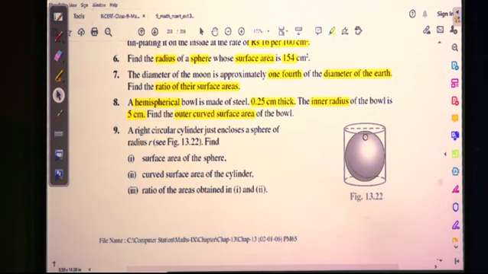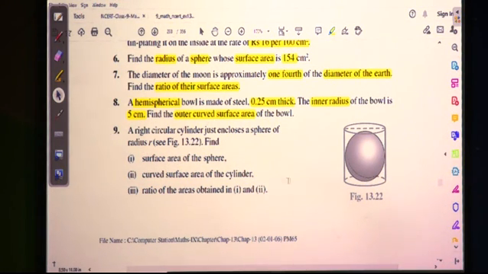Means the sphere's upper surface is touching the top part of the cylinder. One thing is very simple: instead of saying the radius, the diameter of the cylinder and the diameter of the sphere are one and the same.